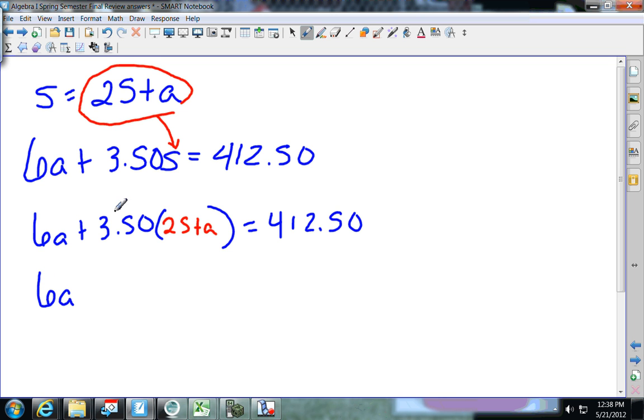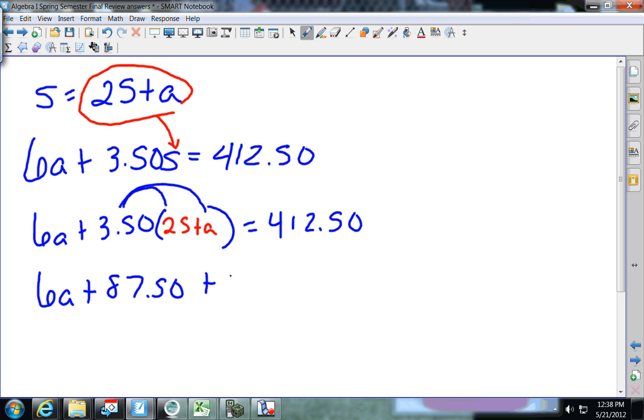So 6A would come down here. You would take 3.50 times 25, which gives you 87.50. So plus 87.50.